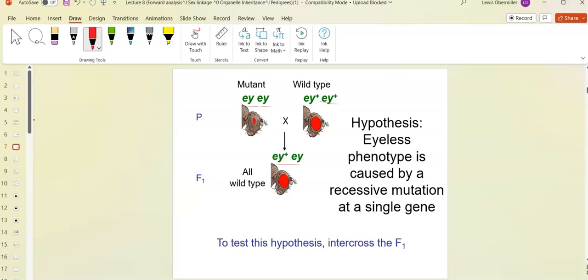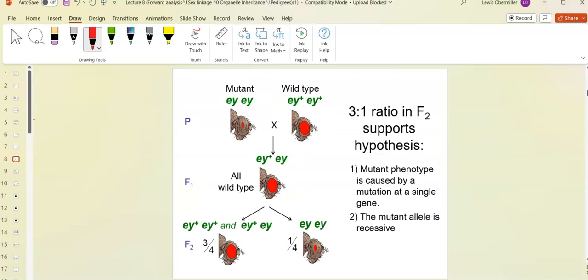So we have to cross the F1s. And we do that, and we're going to get the single homozygous dominant, which I just showed you in the previous slide, and 2 of the heterozygotes. So we add the 1/4 with the 2/4, that gives us 3/4, and then 1/4 of these would be our mutants.